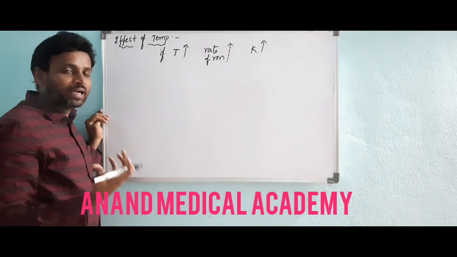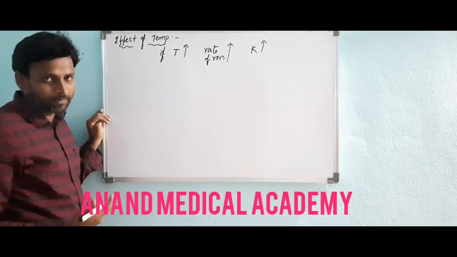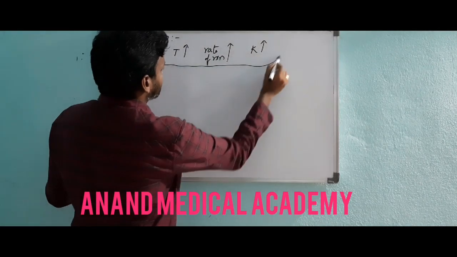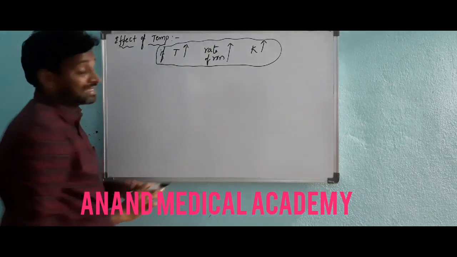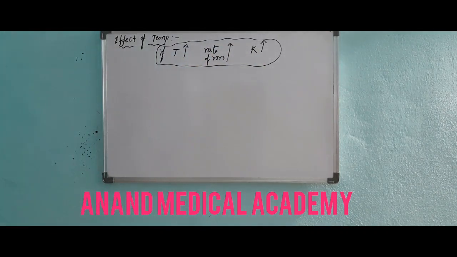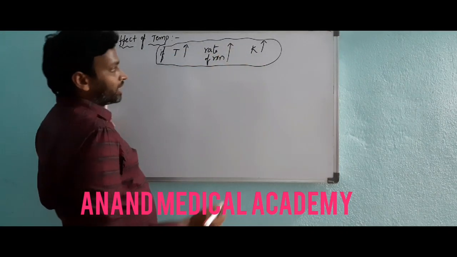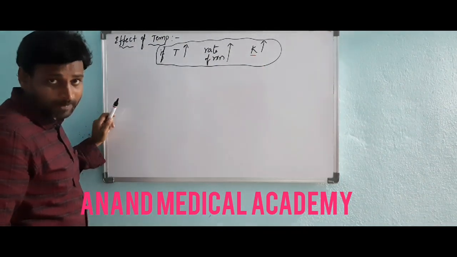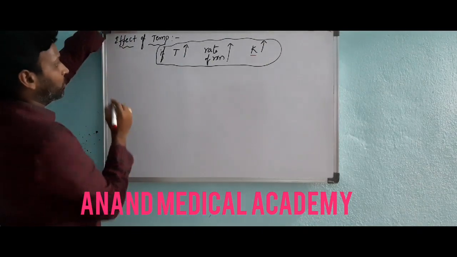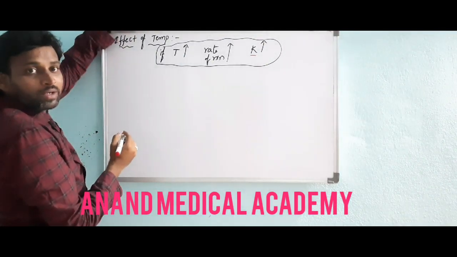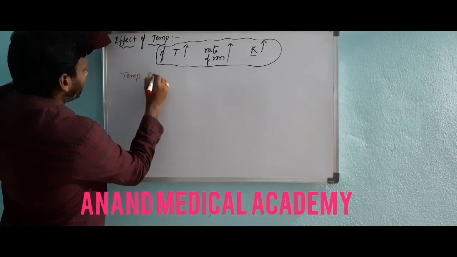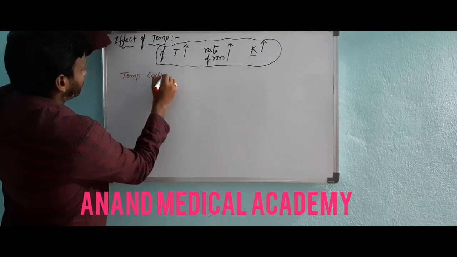In collision theory, that we will discuss actually. So you can write: if temperature increases, the rate of reaction increases and the rate constant also increases. The rate constant, I told you, is also called the specific rate. This effect on rate was explained by using the temperature coefficient.